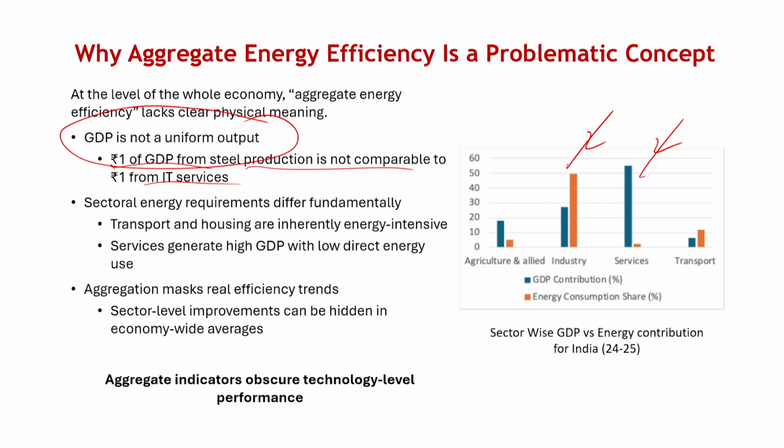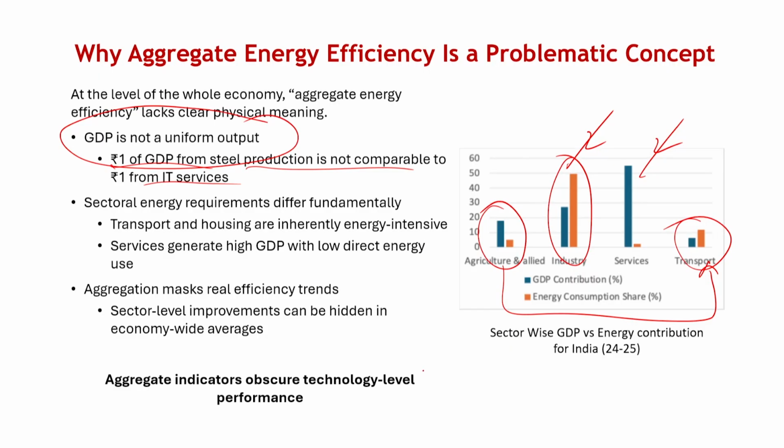Once you start aggregating, even if one sector is behaving better, the number of that sector will overshadow what inefficiencies might be creeping into other sectors. If you look at a cumulative level, and I'll show you some data as we go along, it can get hidden behind these numbers, and it is very difficult to disaggregate and put your policies around a specific sector, because that sector's performance might be hidden by some other sector which is overshadowing it.